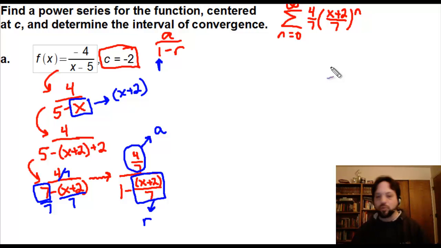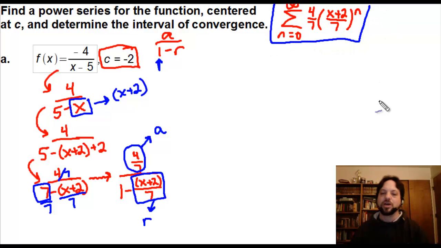And at this stage, I would be finished if not for the second part of the directions, which state that we need to find the interval of convergence for this. So remember that finding an interval of convergence is actually just doing the ratio test.